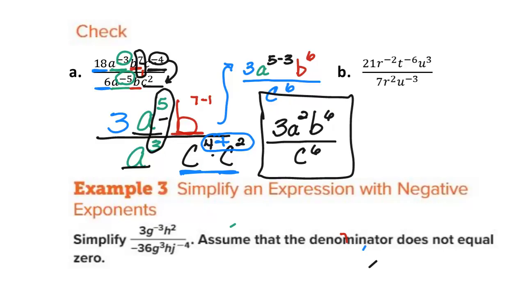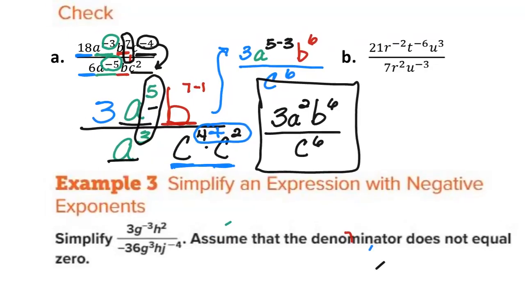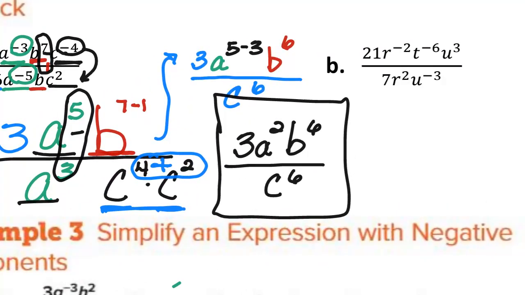Questions on that? What do you guys think of this? You like it? Not too bad? Yes. Why? Say it one more time. Why did I move what? Why didn't I move it next to the c? Well, I had a to the 5 minus 3, which is a to the 2nd.